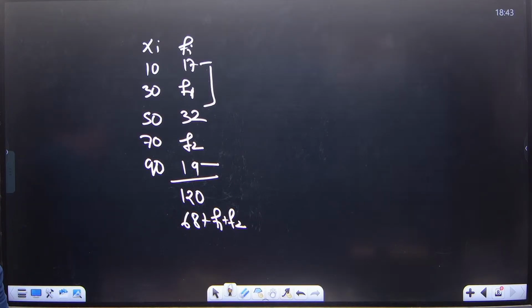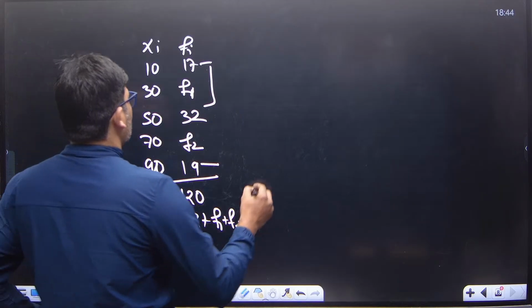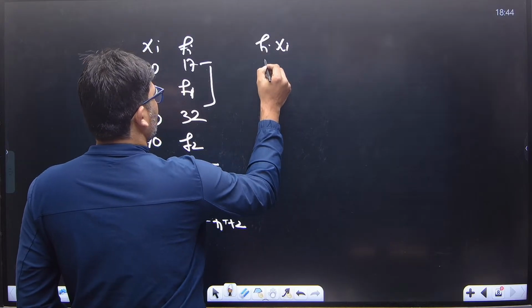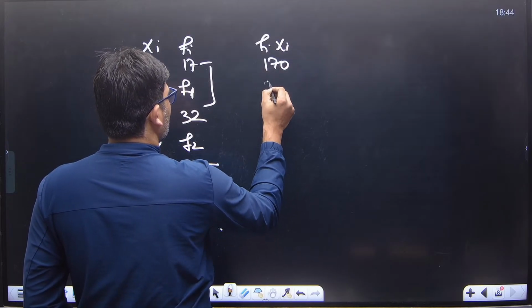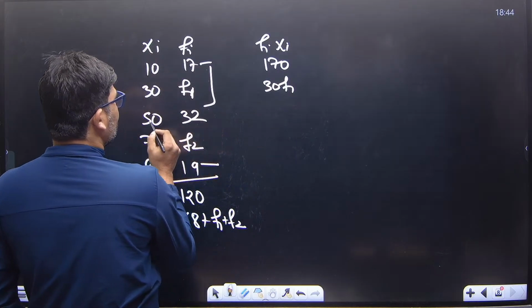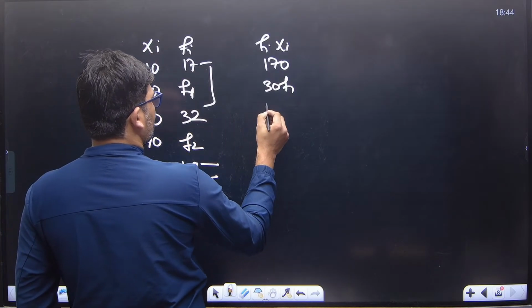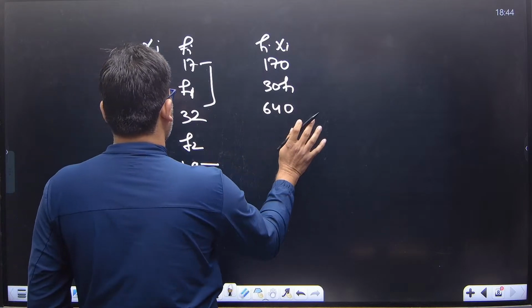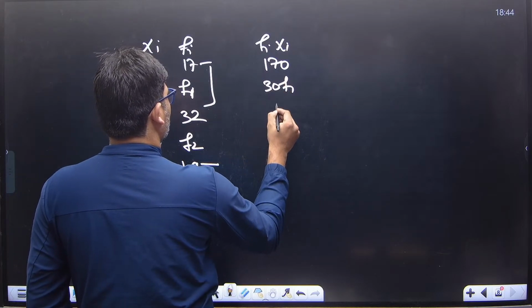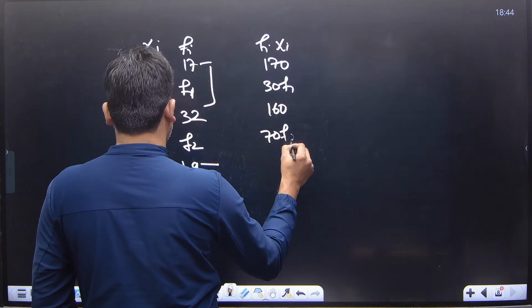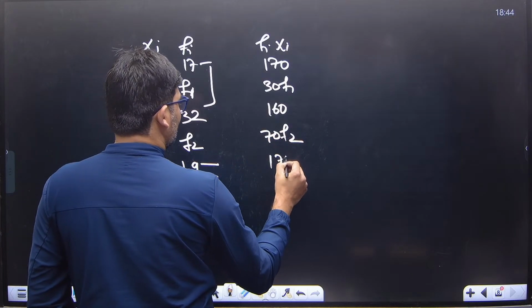I hope you are getting this. Now let's find what is fi xi. So it will be 170. It is 30 f1. So 32 times 5 means double it. So 640. No, no, no, no. You have to half it. Sorry. 160. So it will be 70 f2. 1710.